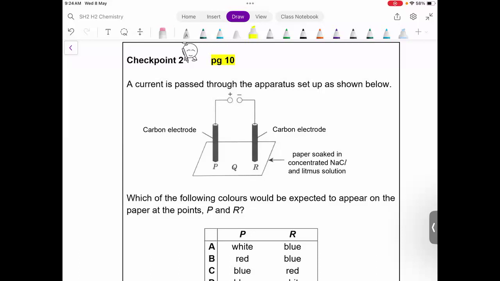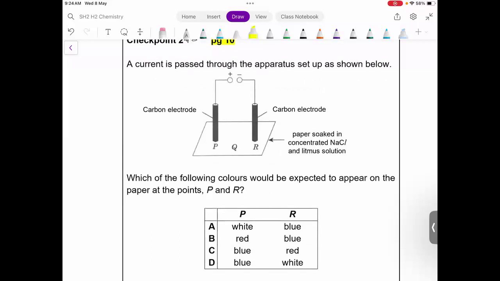Okay, so some of you got the answer already. Should be quite simple. Are you able to find the answer?